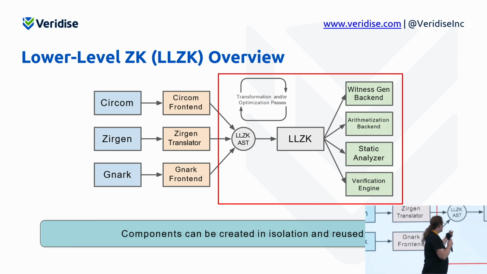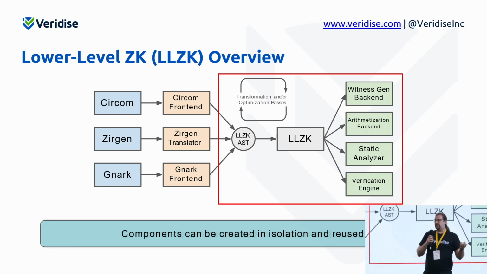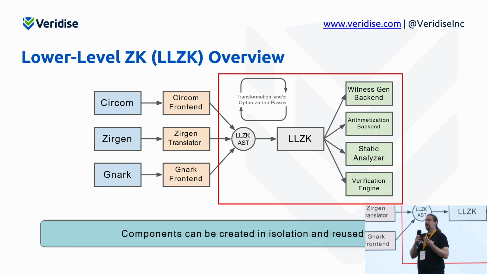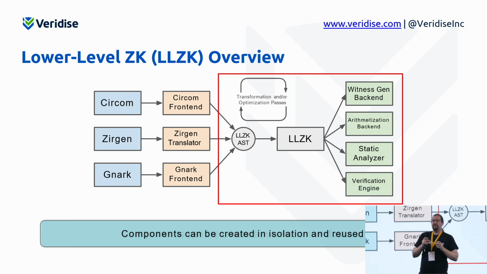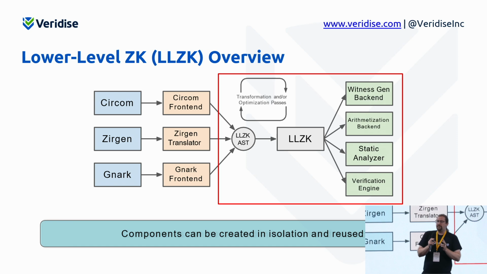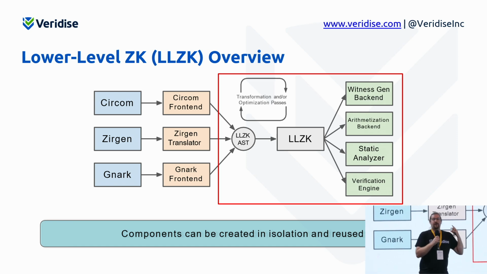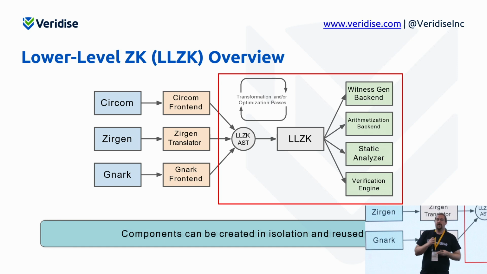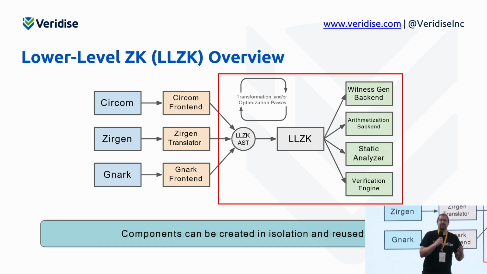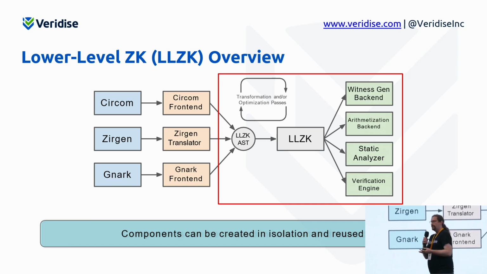So once someone has compiled down to LZK, which stands for lower level ZK, they can then go and make use of utilities that other people have written. And people can specialize and write particular parts of that stack without having to worry about the language that someone is operating over. And it can be inherited by other languages in the future, which is the important part, because certain things like optimizations, again, can be shared between languages.